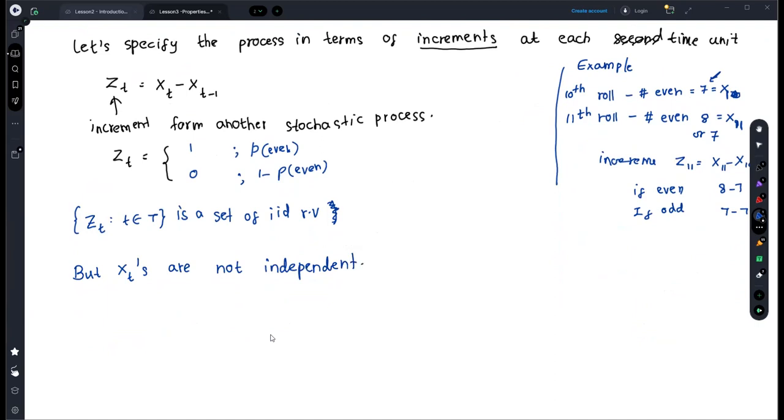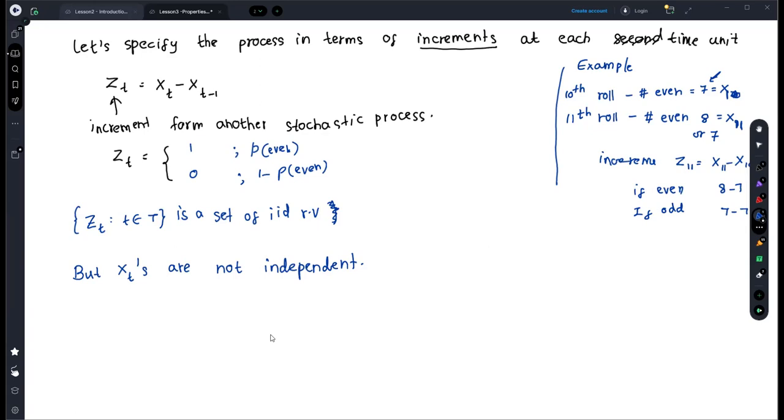XT is not whether you got head or tail. It is the count, right? XT is the number of heads up to now. So all XTs are depending on the previous rolls, whether you got an odd number or an even number. So depending on what happened in the previous rolls, the XT value changes.